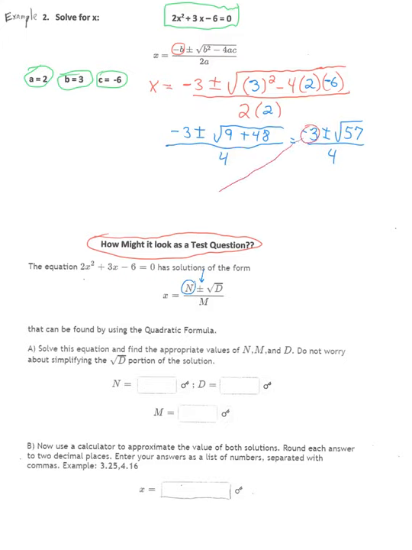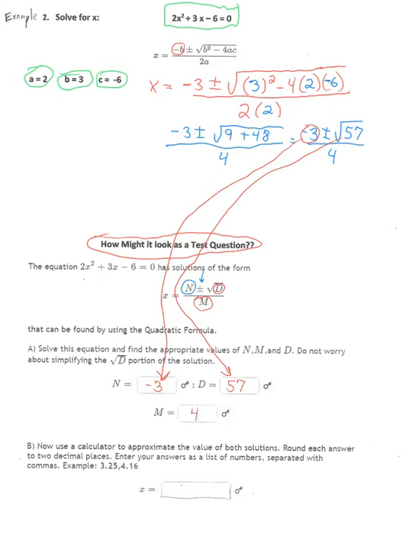I'm going to put it in here where they want us to input our answer in the blank space. Then they want the d, the number that's under the radical, that's 57, and the m is the number on the bottom of the fraction. For us that's a 4.